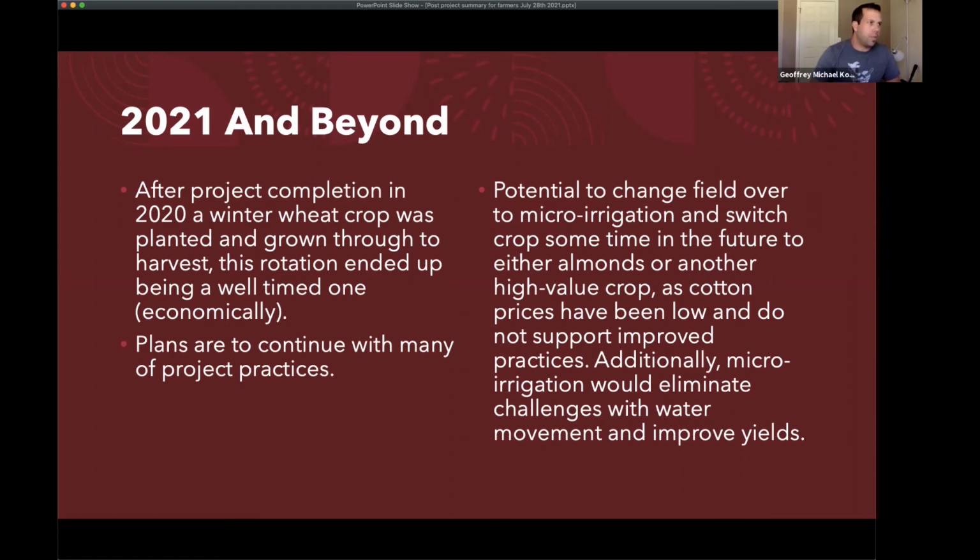Additionally, micro irrigation would almost eliminate challenges with water movement and improve yields. I think a lot of the challenges in this field have to do with getting water to the crop roots and getting it to infiltrate in the right places, and also moving some of those salts, especially sodium, away from the crop roots. Subsurface drip would do that. But again, it's a huge cost, and you'd have to justify it.